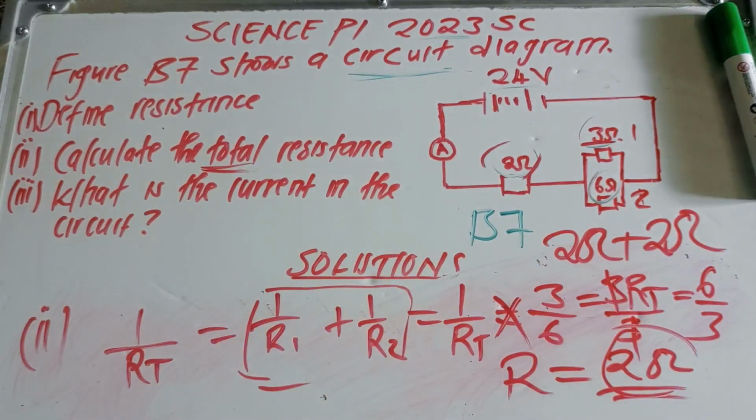This 2 ohms is for this resistor, and this 2 ohms is for these two resistances. I hope now we can answer this question. 2 ohms plus 2 ohms, the answer is 4 ohms. So this is the total resistance of this circuit.